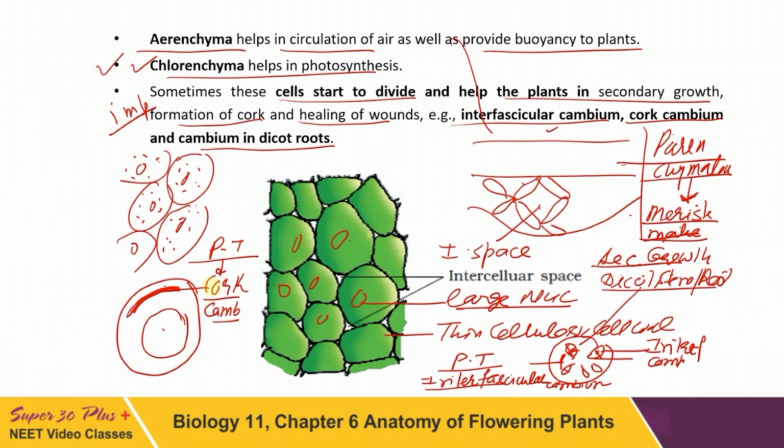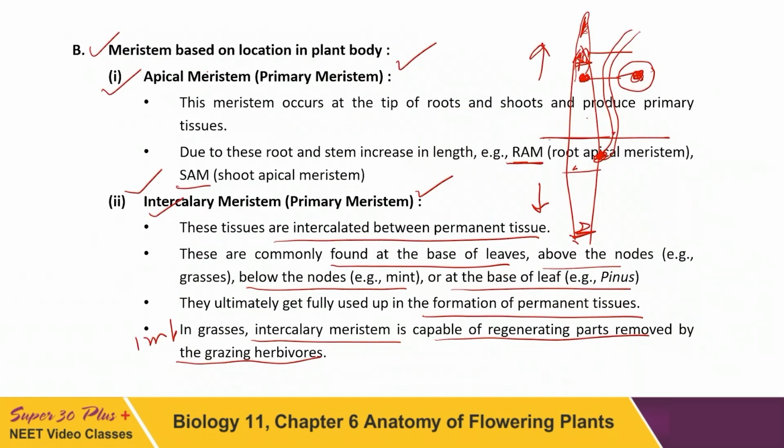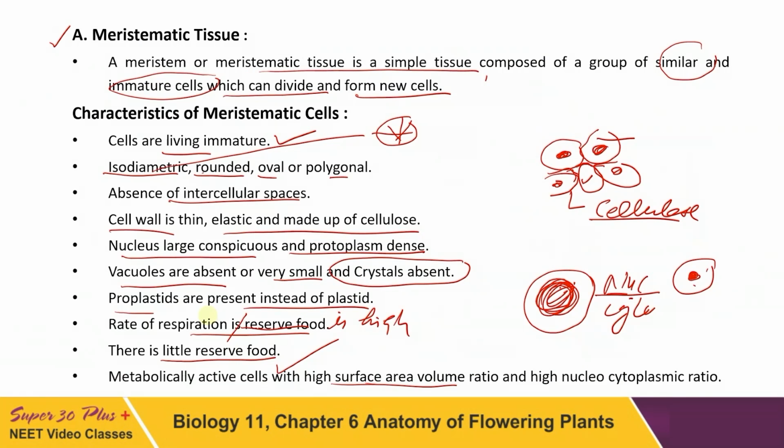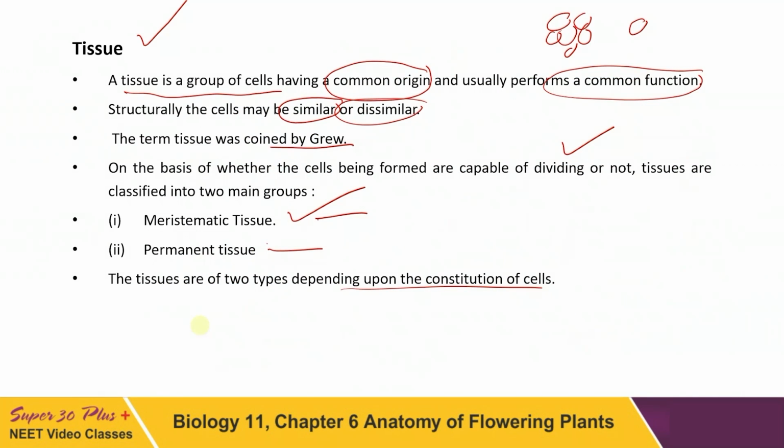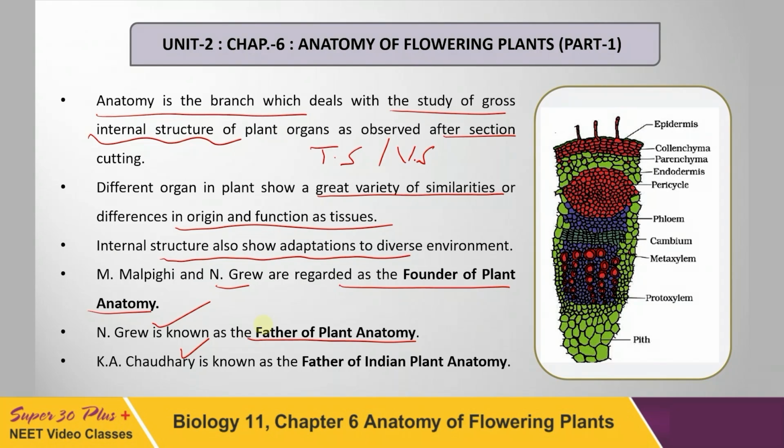Is it right? So children, we have seen today, and we can repeat from the beginning. We have to go a little fast. We have defined what we mean by anatomy, internal structure. We study internal structure by cutting sections, transverse section or vertical section.